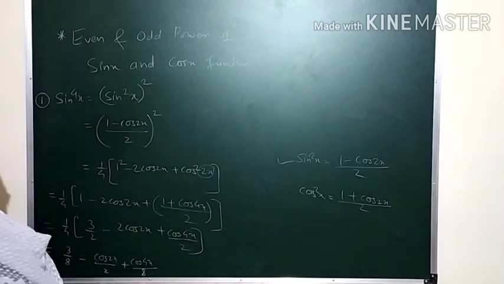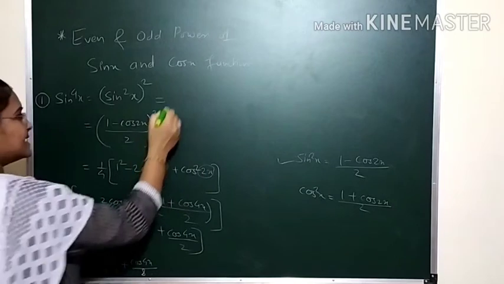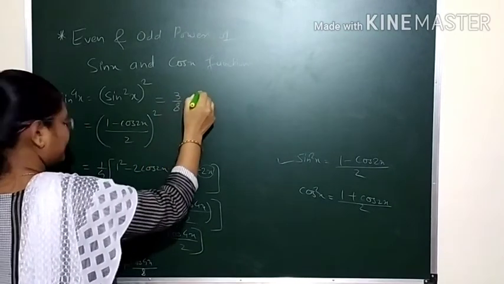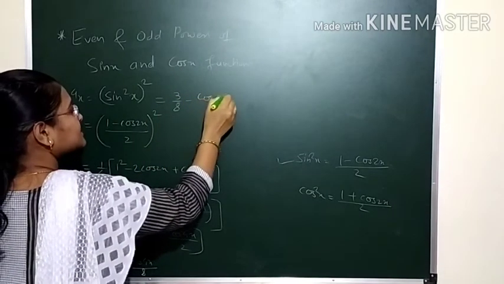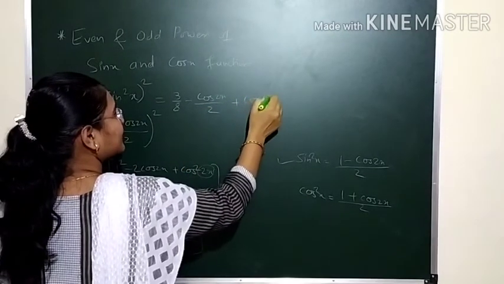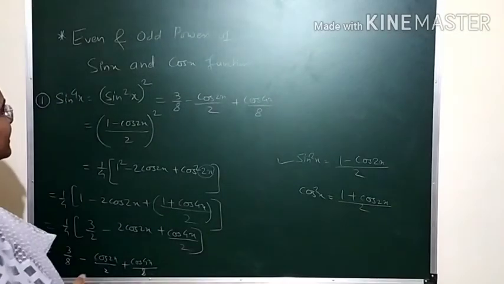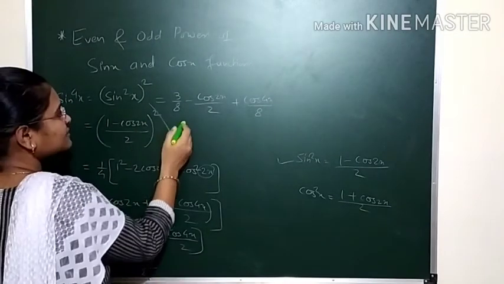Getting any doubt in this? So the form for sin raised to 4x is 3 by 8 minus cos 2x upon 2 plus cos 4x upon 8.